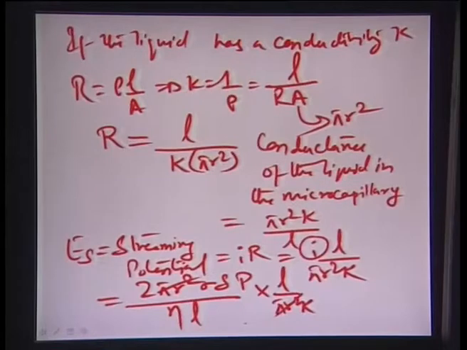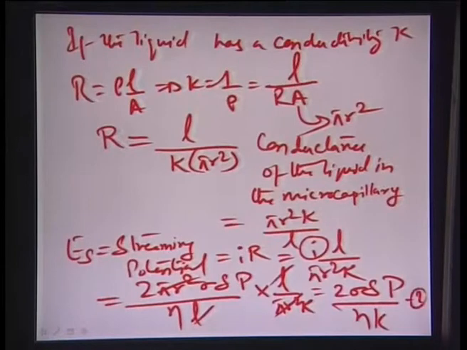These go off, the L's go off, and we are left with a term twice sigma delta p by eta k. Okay. So, that is what the streaming potential would really be.